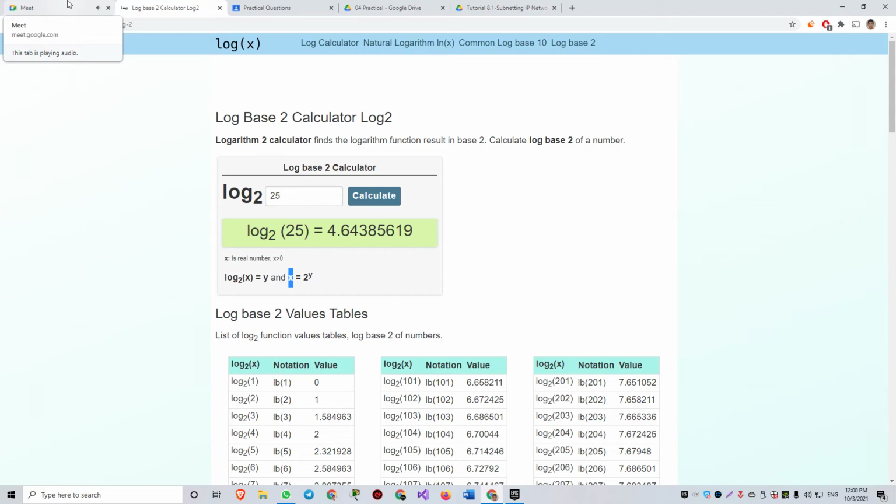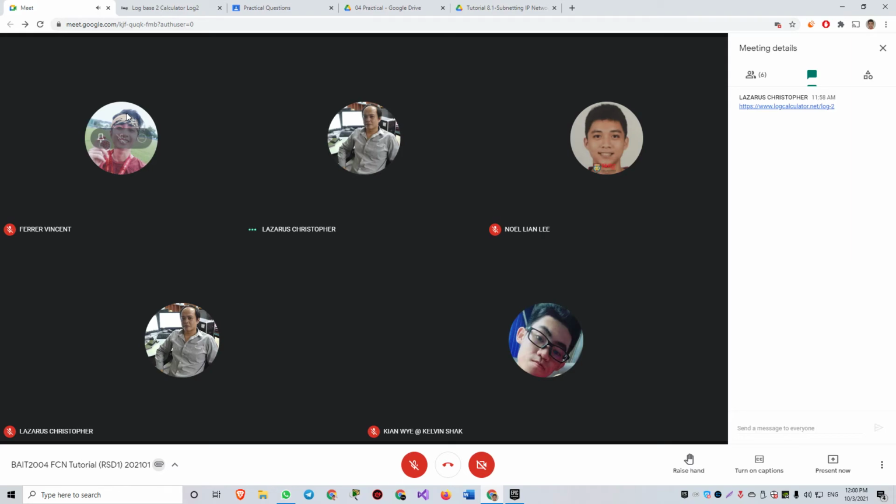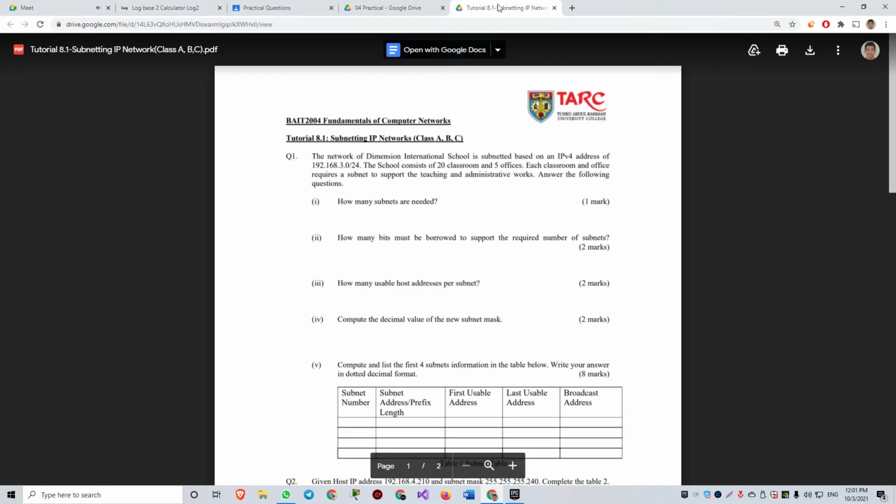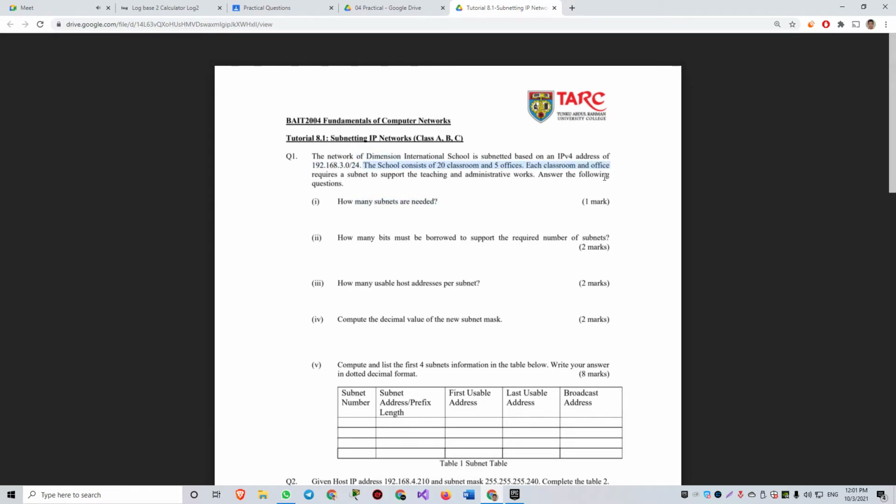So if you borrow 5 bits already, how many bits remain? 3. What's the formula to get usable host addresses? 2 power n minus 2, right? So if your n is 3 bits, how many usable hosts do you get? Yes, 6 usable hosts.